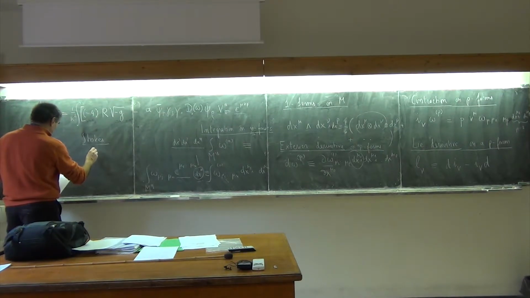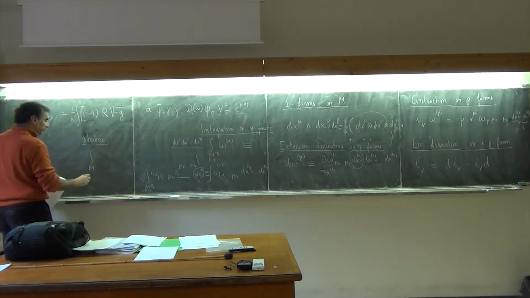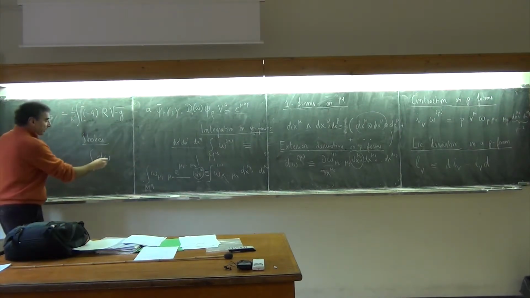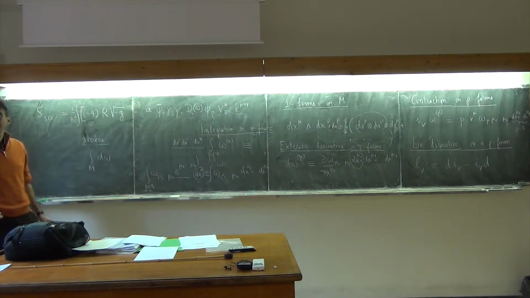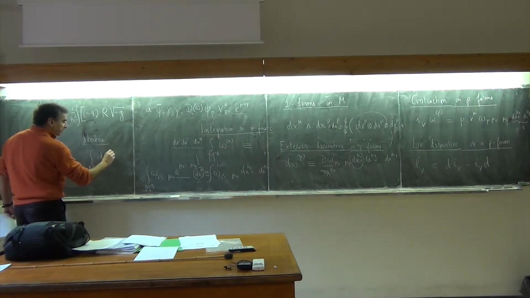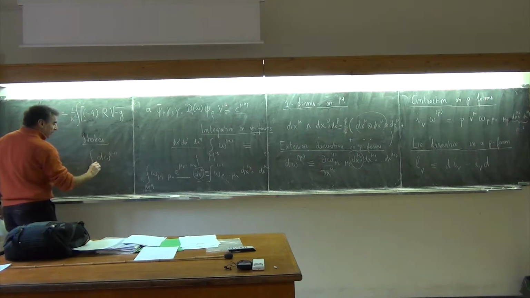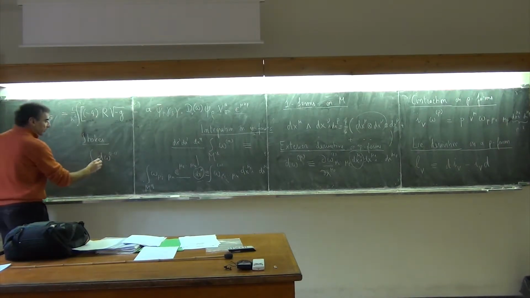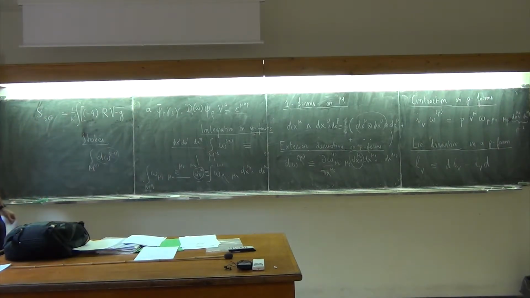It tells you simply this: if you integrate on a manifold M a form that is exact, I call exact a form that can be written as the exterior derivative of a form of degree p minus 1, and this has dimension p, so I can integrate it on a manifold of dimension p.